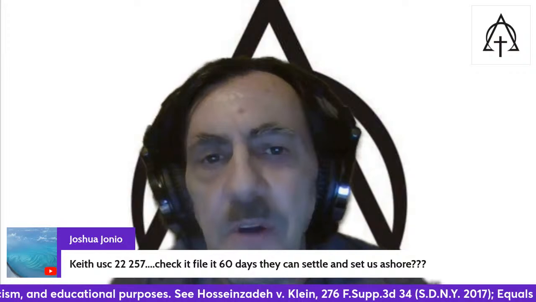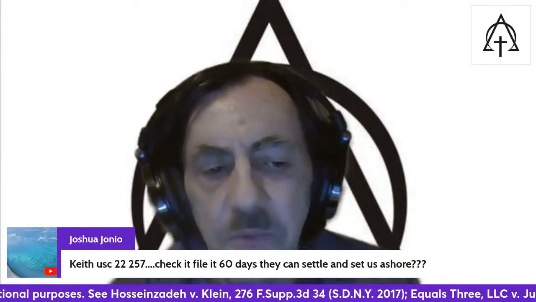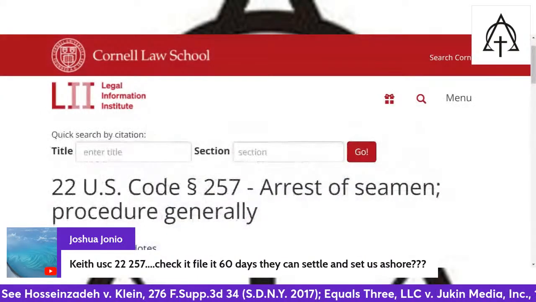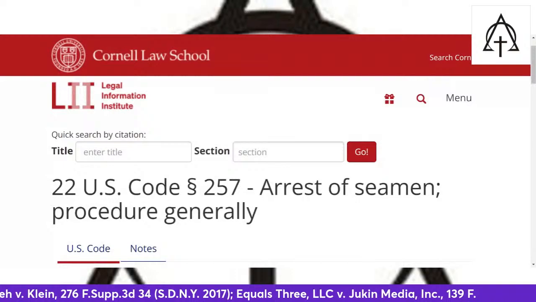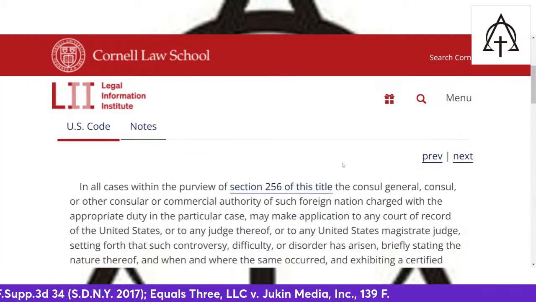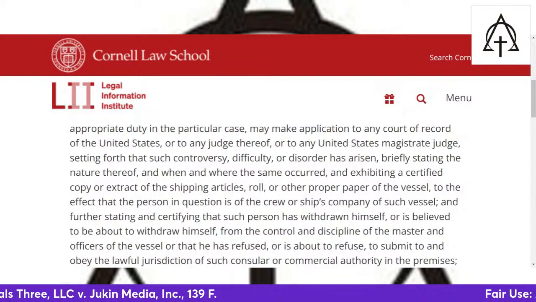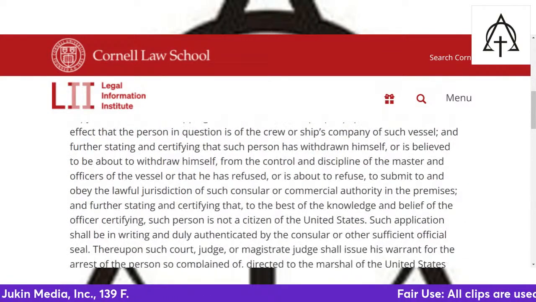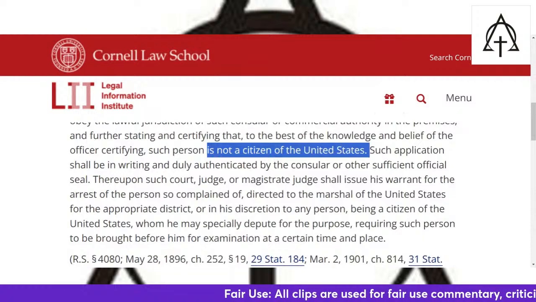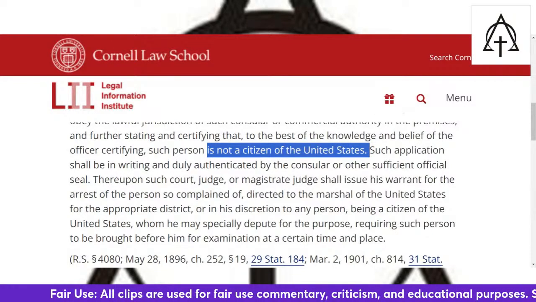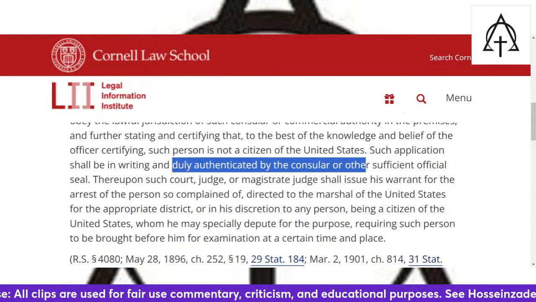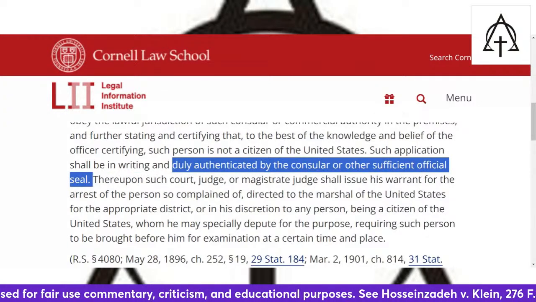And what's happening there, folks, even though it says the arrest and bring forth, I don't know why I didn't share that. But it says right there, is not a citizen of the United States. And it says such application shall be in writing and duly authenticated by the consul or other sufficient official seal.